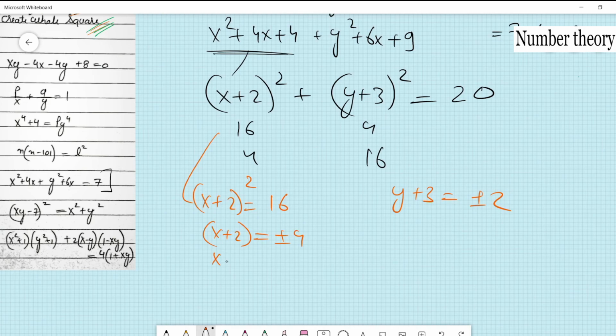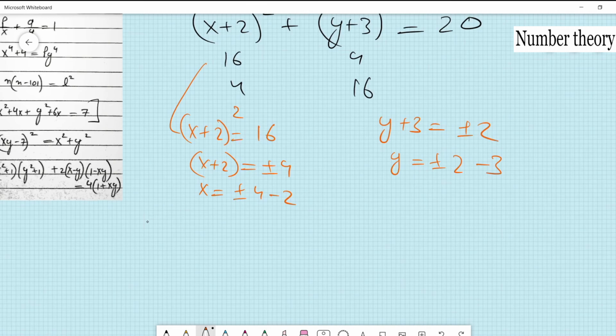So this gives plus minus 4 minus 2, and here we get plus minus 2 minus 3. So in the first case, taking plus sign first, when we take plus sign we get 2, and when we take minus sign we get minus 6. Similarly here, when we take plus sign we get minus 1, when we take minus sign we get minus 5.